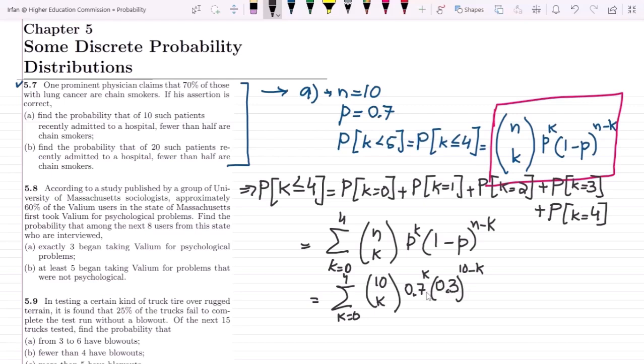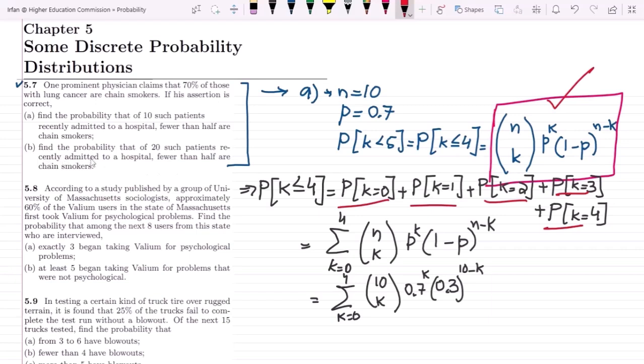So taking all these values for each k, you have to find them all by using this formula, cumulatively like this one, and then adding them together, you will get the answer of part A. I'm not going to write the answer of it. You have to calculate it yourself, and you will see that the answer will be the same as given in the answers of the book.